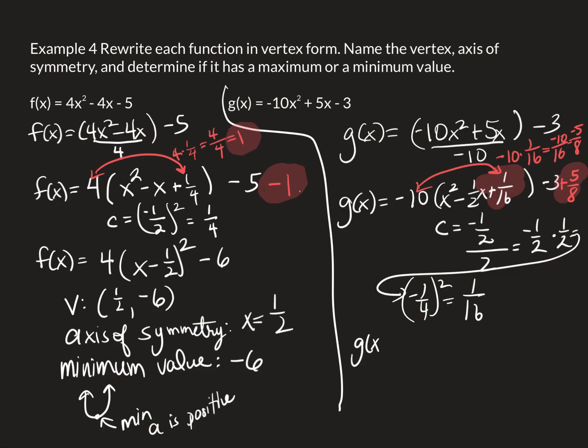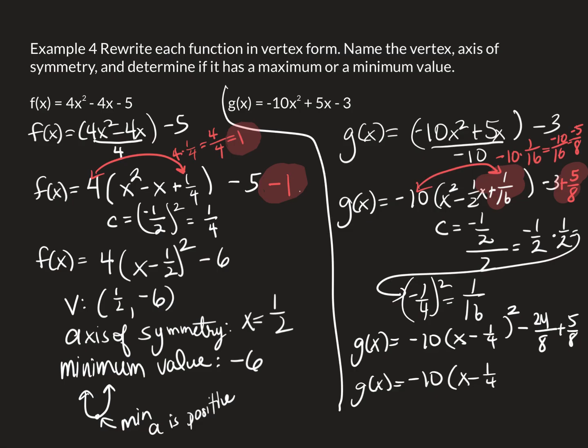So g of x is going to equal negative 10 times the quantity x minus 1/4 squared, and then minus 24/8 plus 5/8, which would be minus 19/8. And then my vertex would be positive 1/4, negative 19/8.